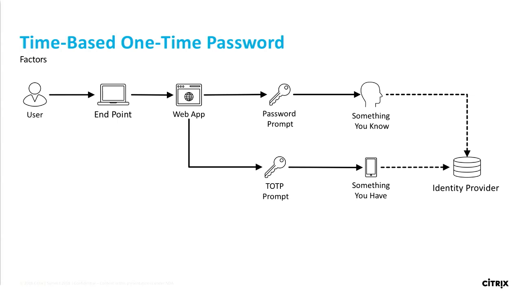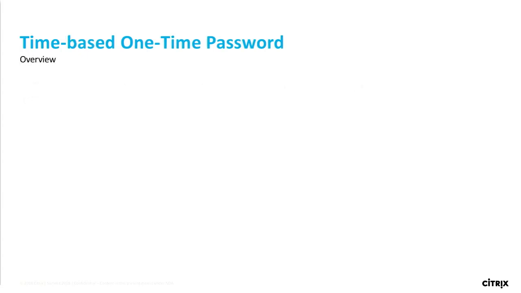The identity provider authenticates you. The password prompt is something you know, because it's just a password that you've created, and only you should know it. Now the TOTP, it's something you have. And we'll show you in a little bit why it's something you have. What is that piece of information that you have that makes TOTP a different factor for the environment? So this is how we end up getting multi-factor authentication with TOTP.